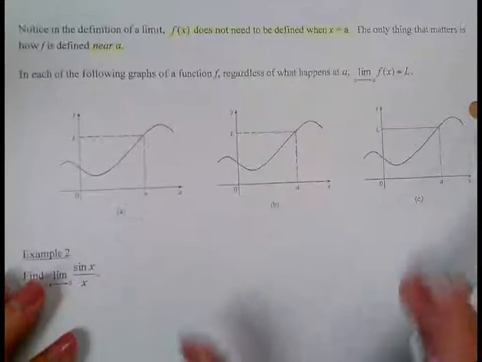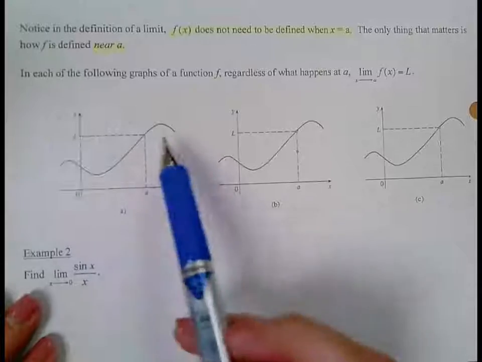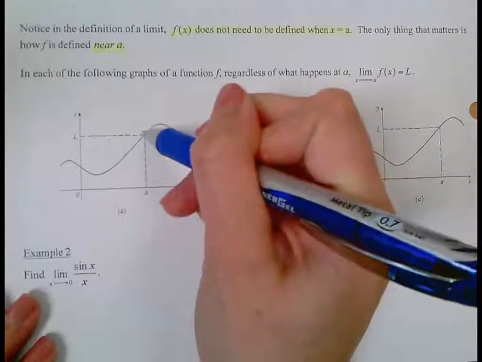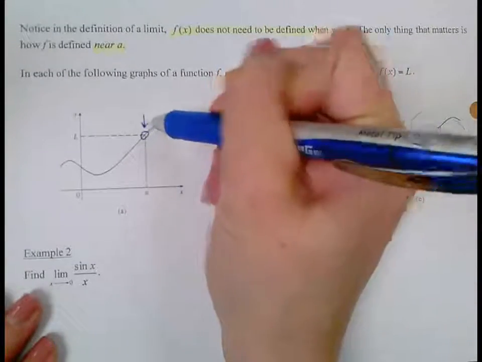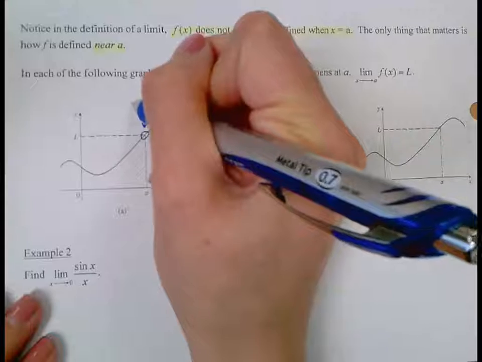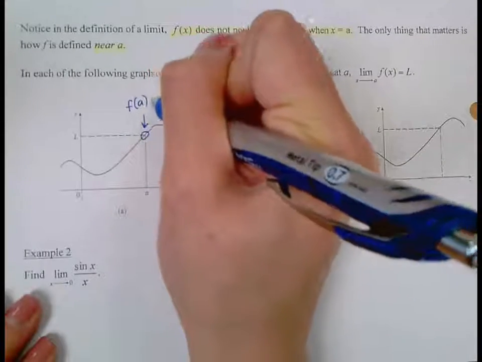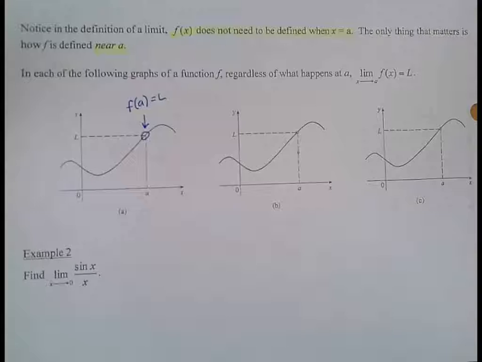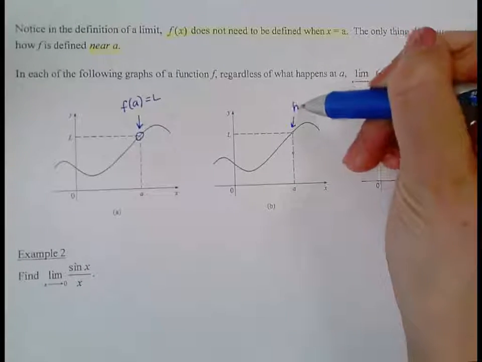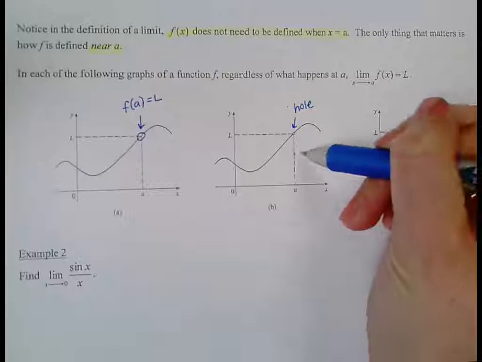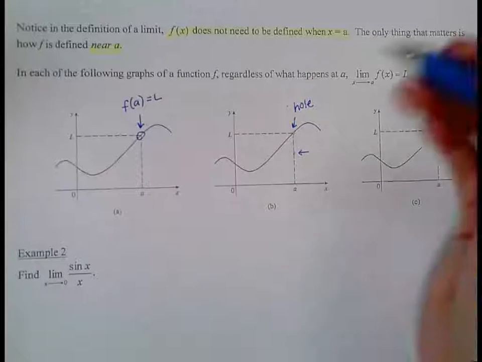To help explain this a little bit more, in the first graph, at the value a, the function is actually defined. So in this first graph, f of a actually equals L. The function value at a is the y value L, and the limit as x approaches a is equal to L. In the next graph, notice there's a hole in the graph here, and whenever I copy this, it doesn't show up the greatest.